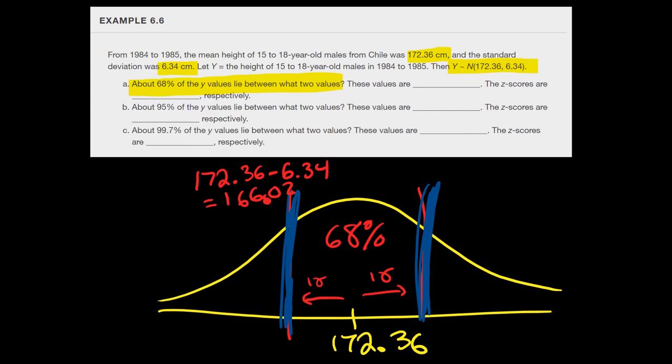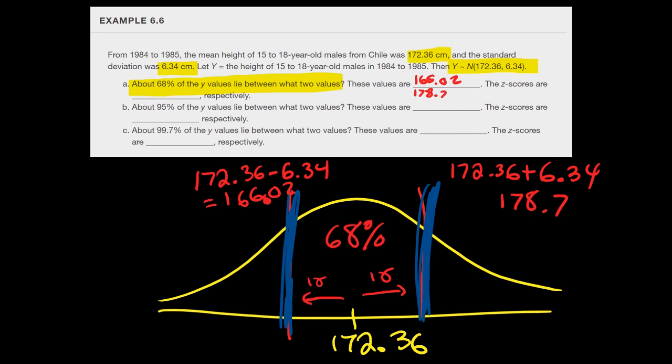Next, to find one standard deviation above the mean, I take the mean and add on one standard deviation, and that gives me 178.7. So between what two values? The values are 166.02 and 178.7.